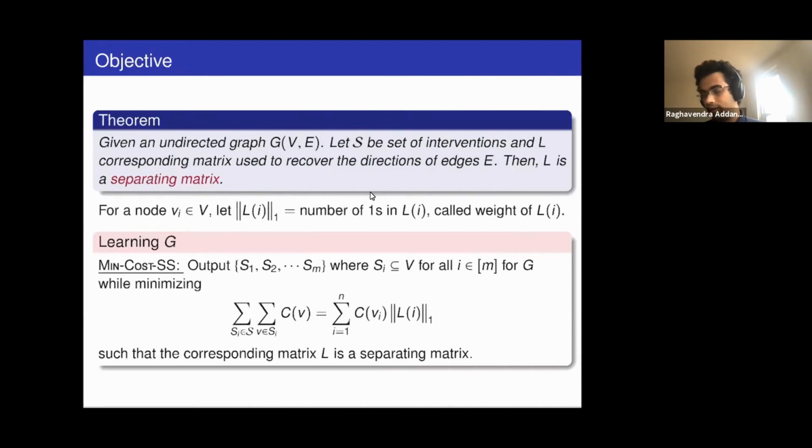So the objective now is to iterate over all the nodes, multiply each with the number of ones, or the number of times it is part of these sets, and combine all of them to finally get our objective. This can be thought of as a weighted graph coloring problem as well, where the weights come from this matrix L.